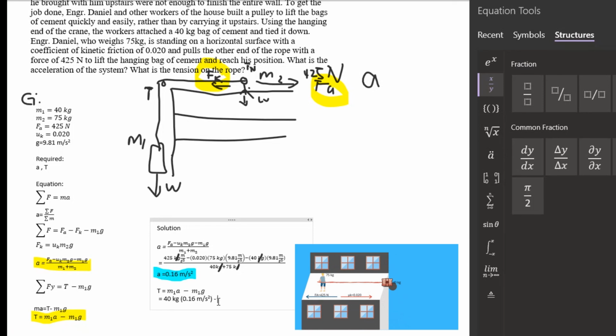Then subtracted from the mass of the hanging object times the gravity.